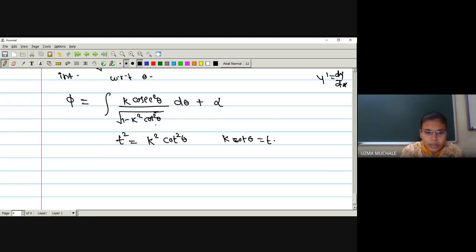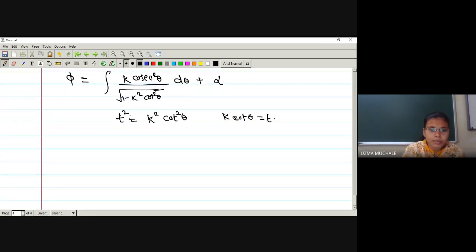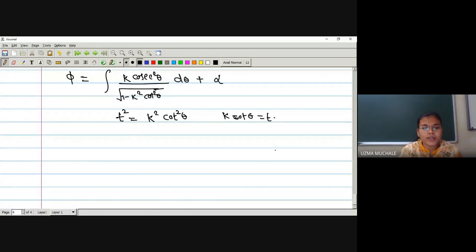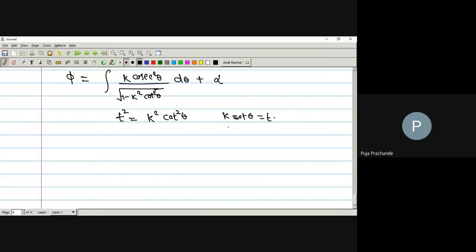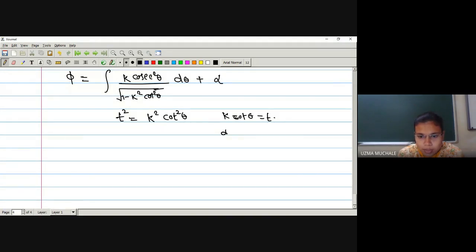So we are going to substitute the value of this term. By using the substitution method we have to solve this integration. Does everyone remember solving substitution method in integration? Yes, ma'am. t is equal to k cot theta. So what will be the value of dt? We have to find out. K is a constant, so what will be the derivative of cot?